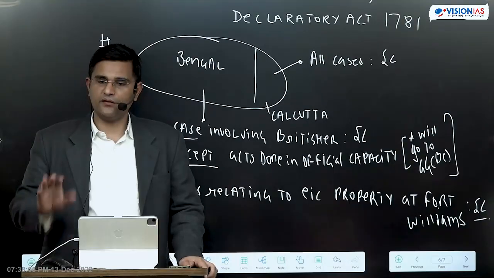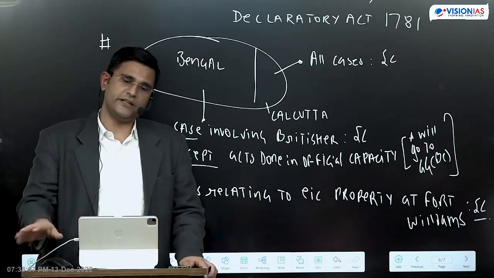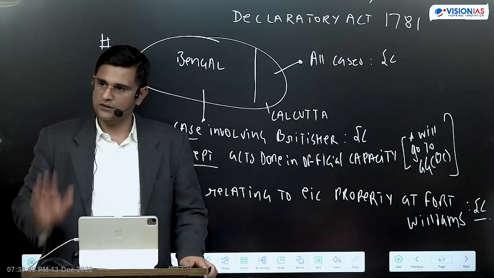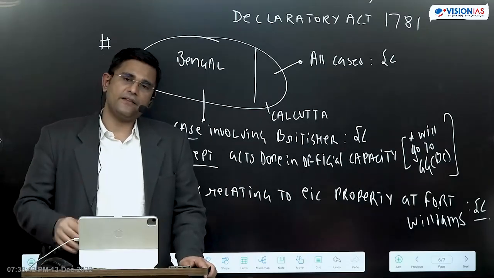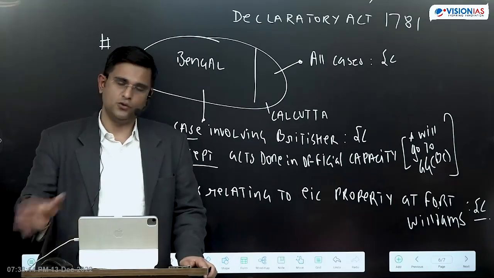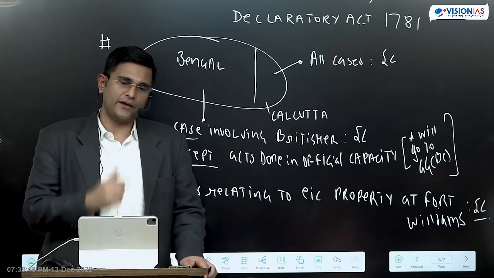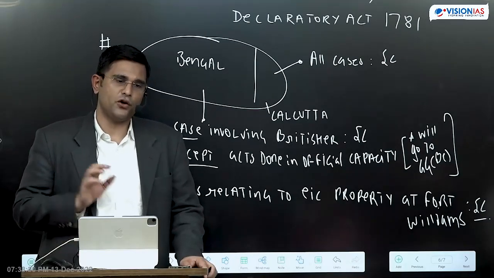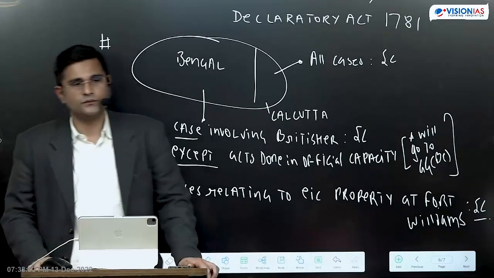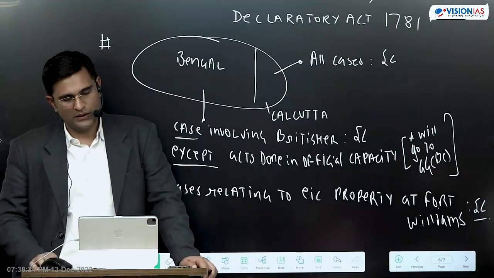So any case involving Indian, Firangi, whatever in Calcutta goes to Supreme Court, and any case that involves the Britishers goes to Supreme Court, except where the case involves a British acting in his official capacity, that is when he was on duty. Right? So that is the jurisdiction of the Supreme Court.